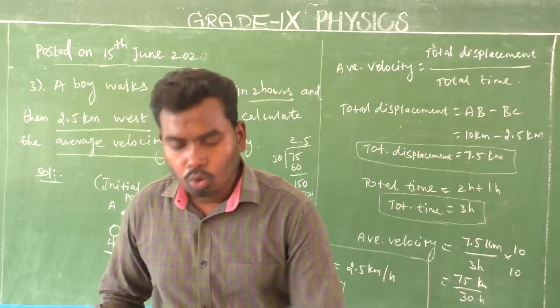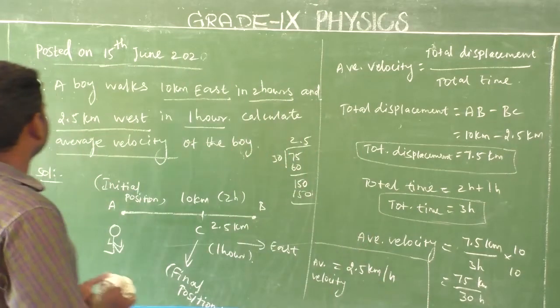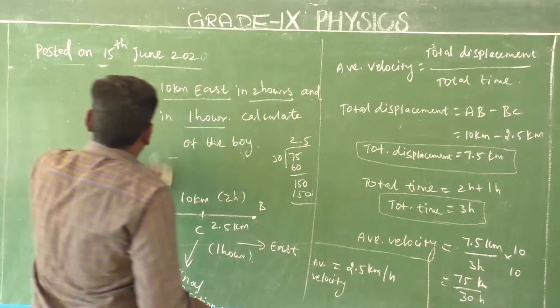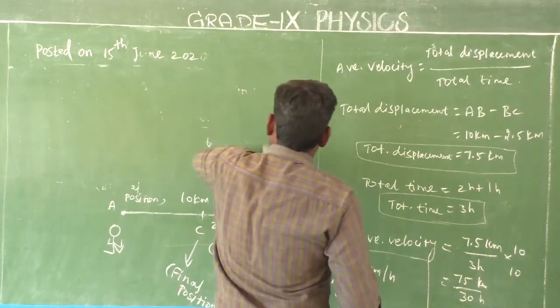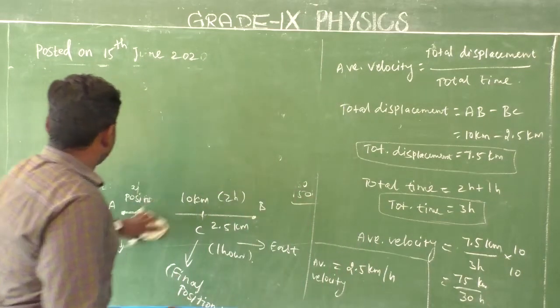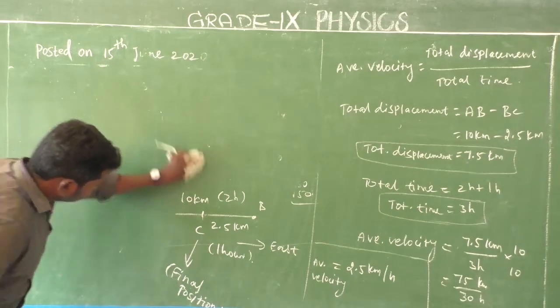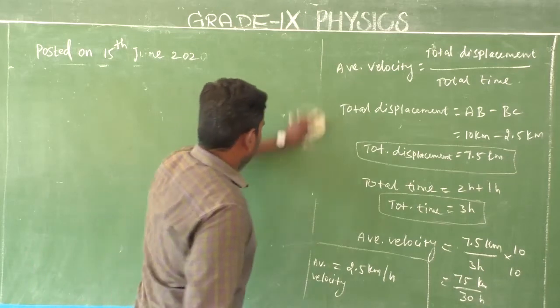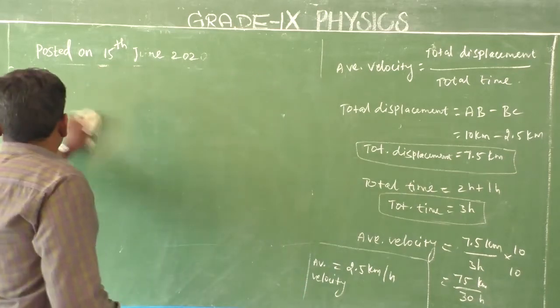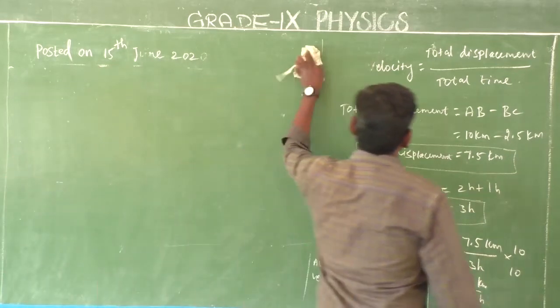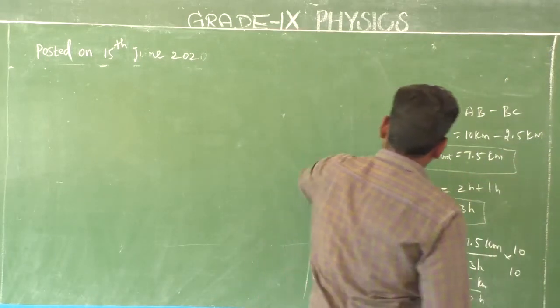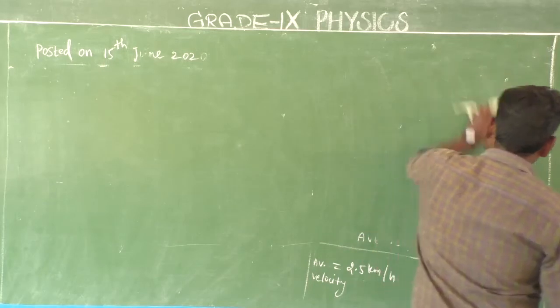So now we are going to see this question. I am going to write the question on the board. So what is the average speed formula?